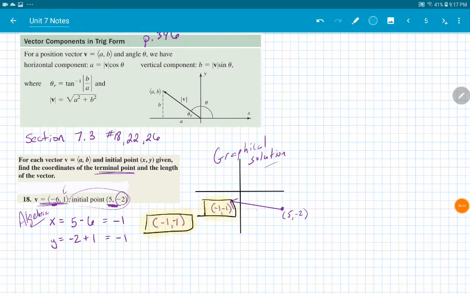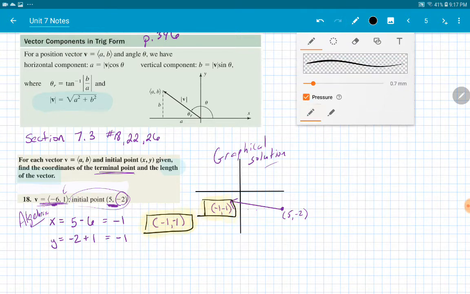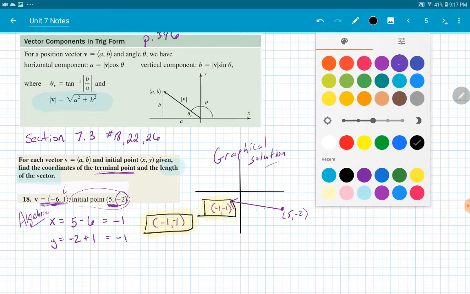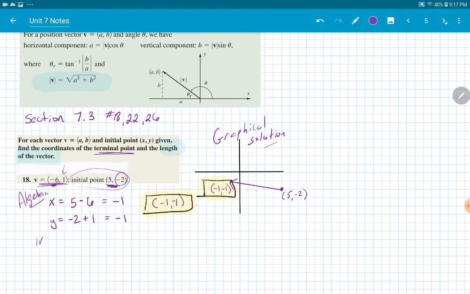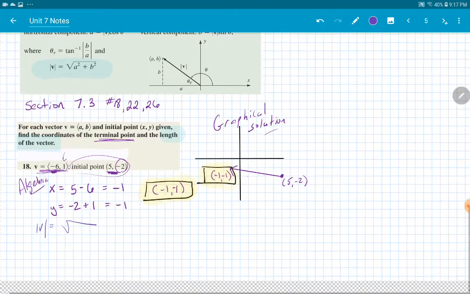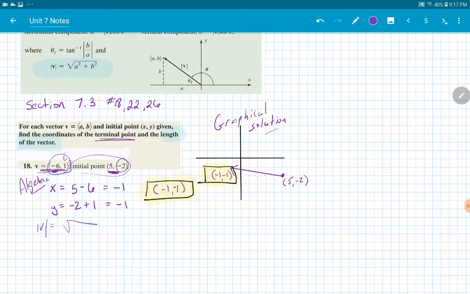And then we're also asked to find the length of the vector, and that's what I'm thinking is in this box here. That's right there. Length means the magnitude. So the magnitude of this vector is the square root of, and our a is from here, -6 squared.